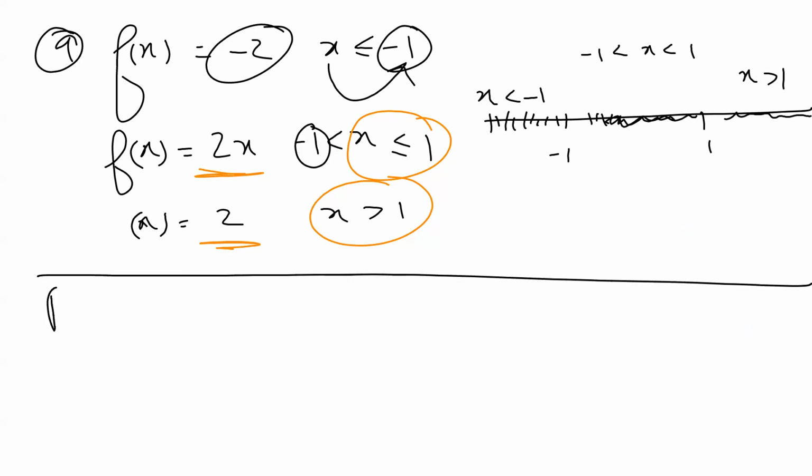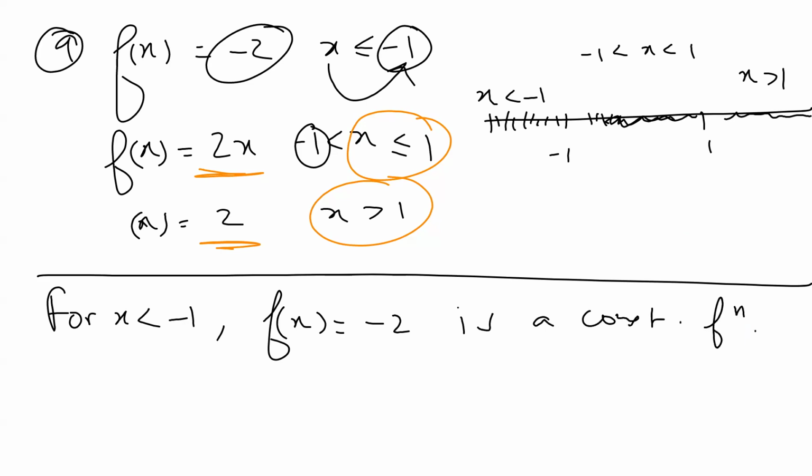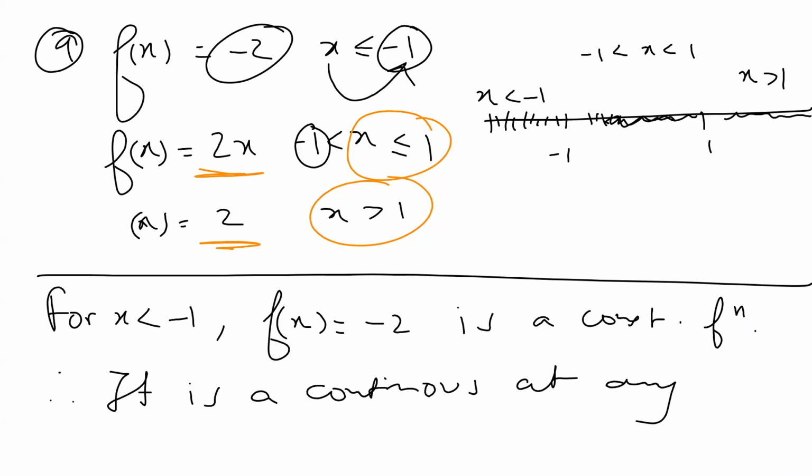Third part. For values of x less than -1, f of x is equal to -2, a constant function this time. And constant functions are always continuous for any real value of x. Therefore, it is continuous at any real value of x less than -1.